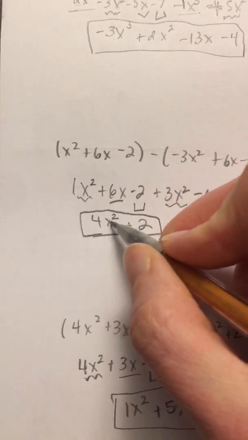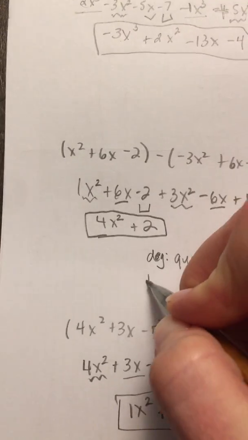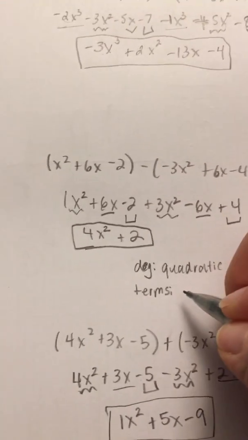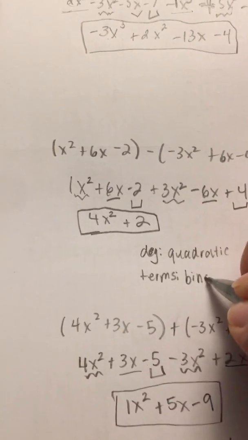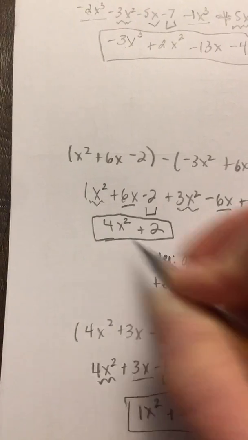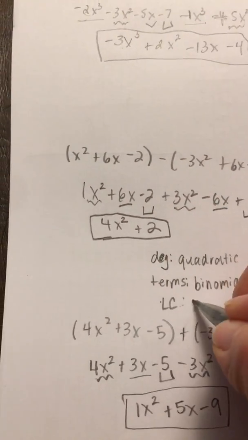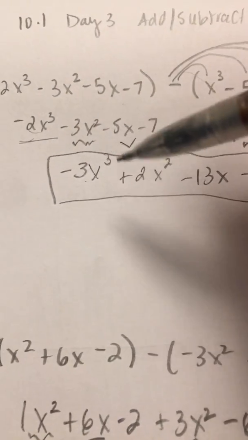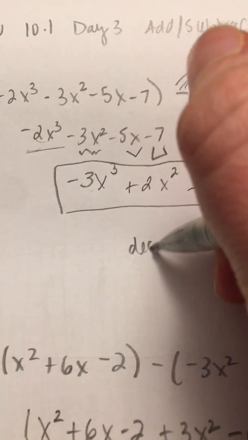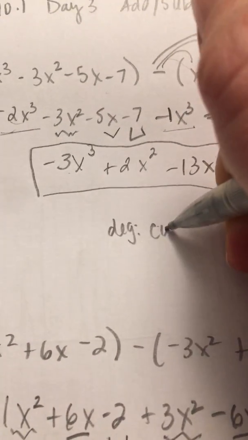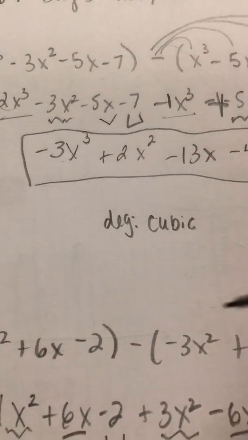How many terms? This is a term, this is a term. I see 2 terms, then I gotta look at those words that we wrote down a week ago, and it says that that's called a binomial. Leading coefficient, what's the first number that we see? A 4. I can go back to this one. Biggest exponent we see tells us the degree. When we see a 3, we know the word that goes with 3 is cubic, if you look at the list in your notes.